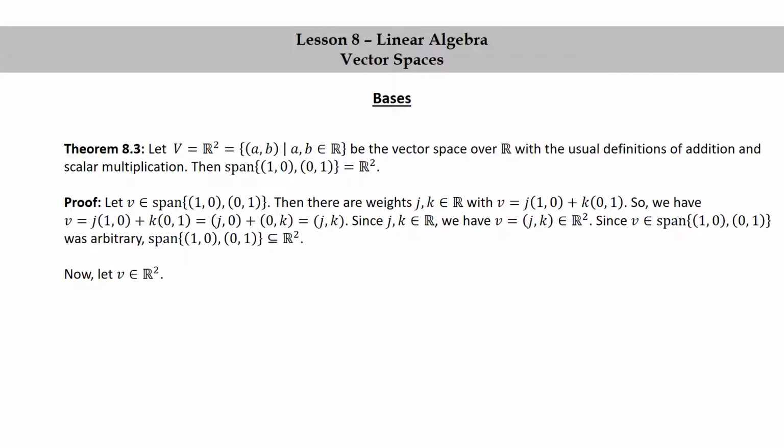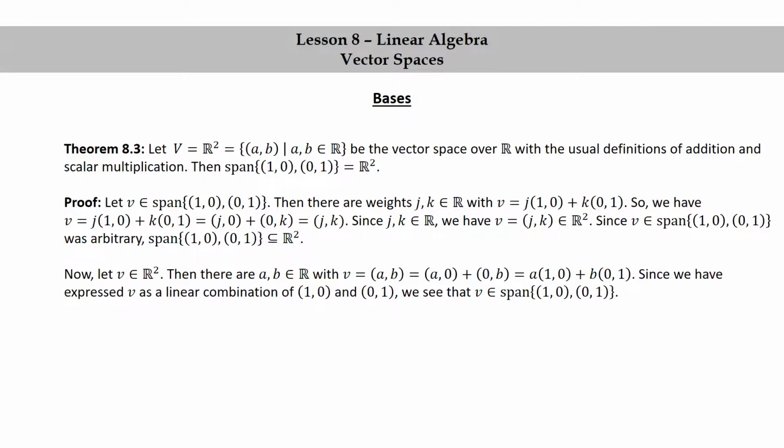Now, going the other way, let v be in R2. Then there are real numbers a, b with v equal to (a, b), which is equal to (a, 0) plus (0, b), which is equal to a times (1, 0) plus b times (0, 1). So we've expressed v as a linear combination of (1, 0) and (0, 1).